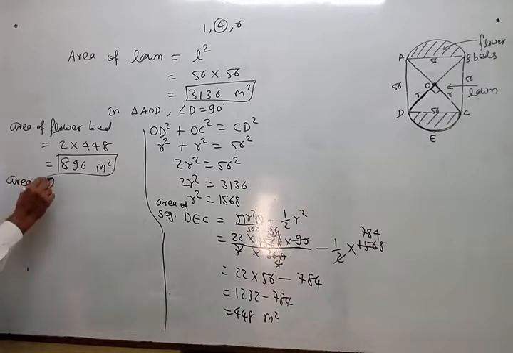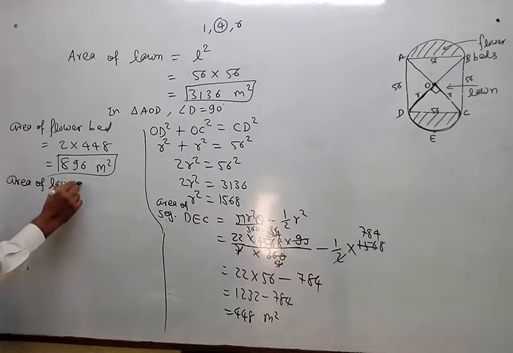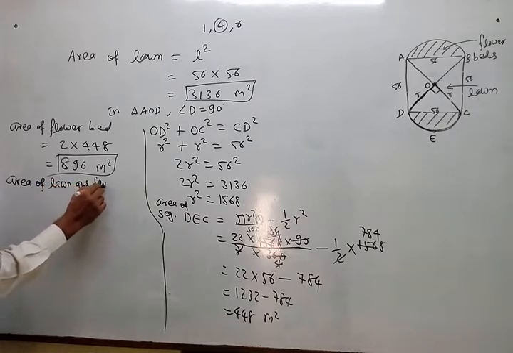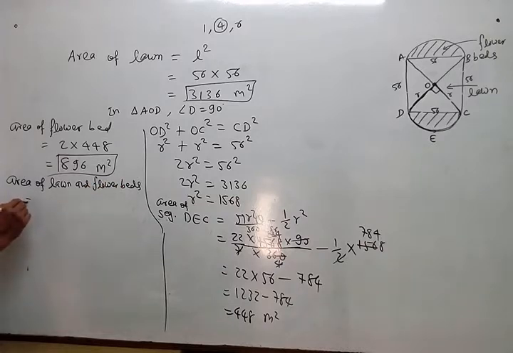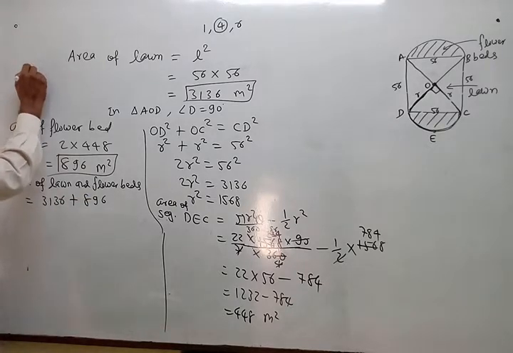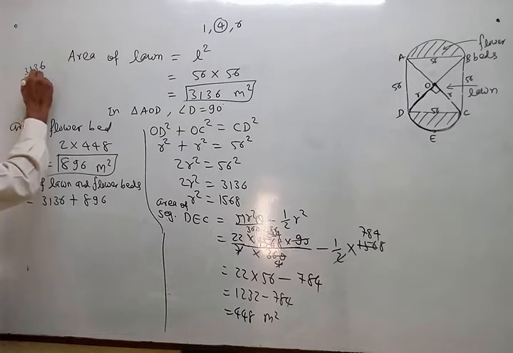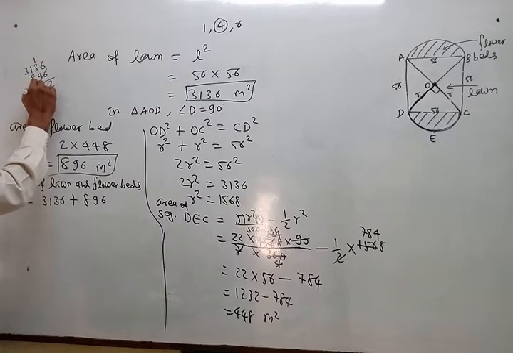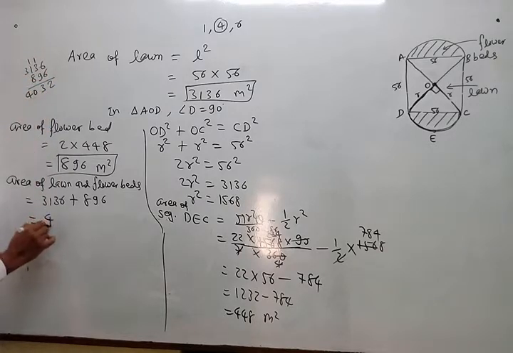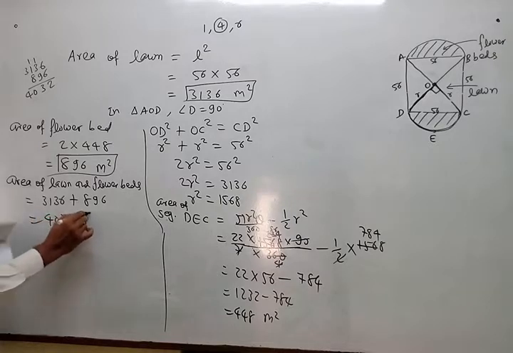Area of lawn and flower beds. Two flower beds are there. So make total of it. So it will be 3136 plus 896. So 3136 plus 896. 6 plus 6 is 12, 1 and 9 plus 1 is 10, plus 3 is 13, 1 plus 8 is 9, 10, 4. 4032 meter square.